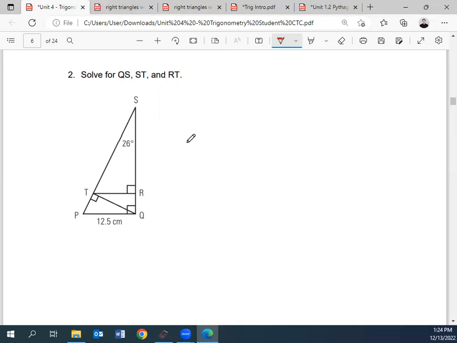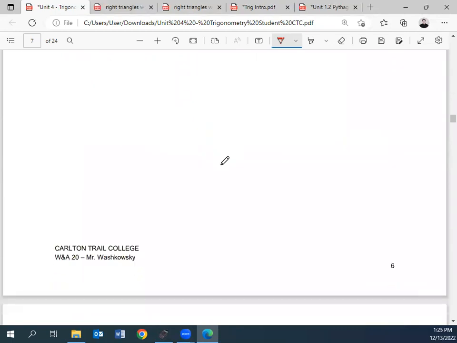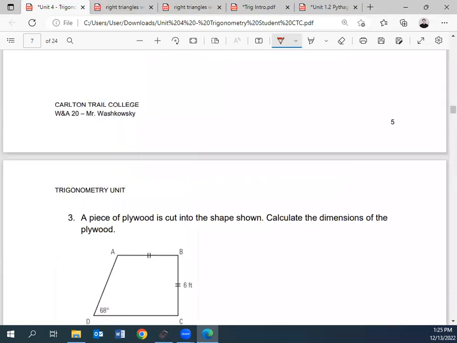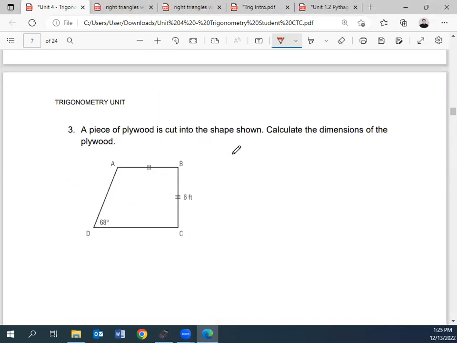For now, I wanted to go to question 3, which is on page 6. Just make sure it's printed right. We're just going to skip question 2 because I made it wrong straight up.